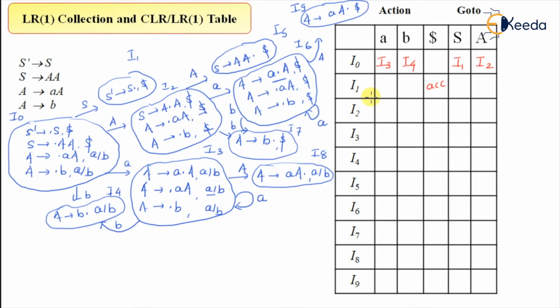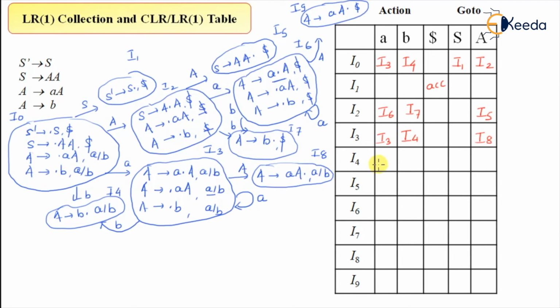I2 on input capital A goes to I5, on input small a I6, on input B I7. I3 on input capital A goes to I8, on input small a I3 will loop, on input B it will go to I4.